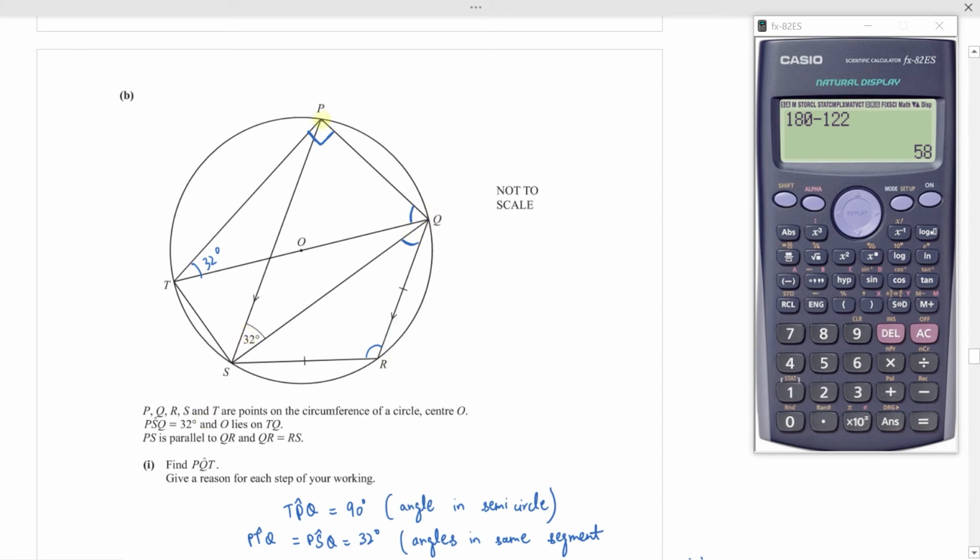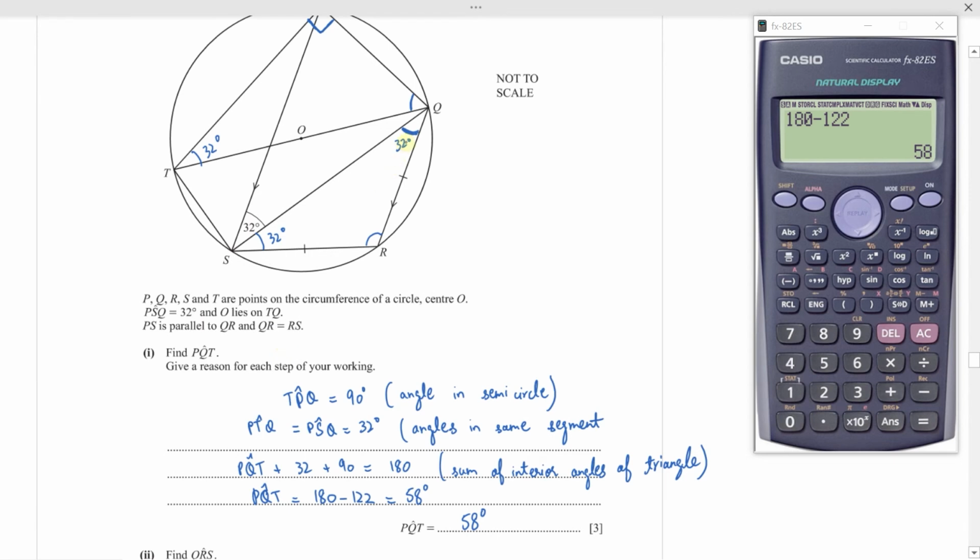So 32, this angle PSQ and angle SQR are alternate angles for these two parallel lines, so this will be equal to 32 degrees as well. And then since QR and RS are equal in length, this is an isosceles triangle. So if this is 32, then this is 32 degrees as well.